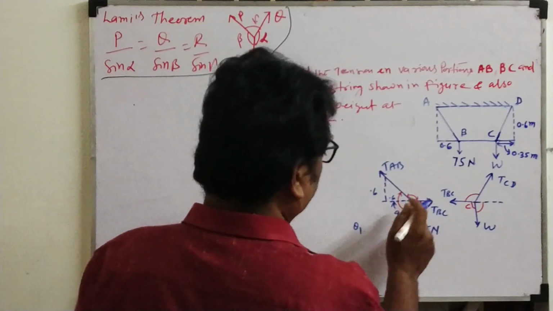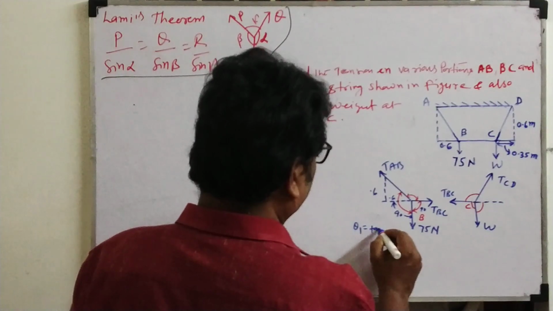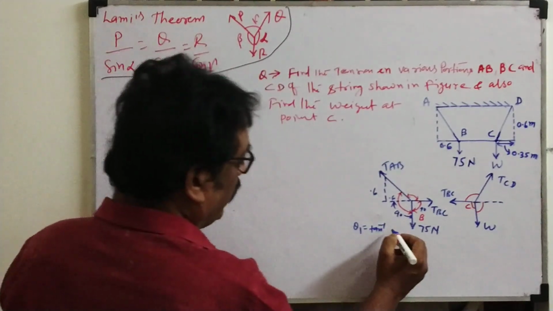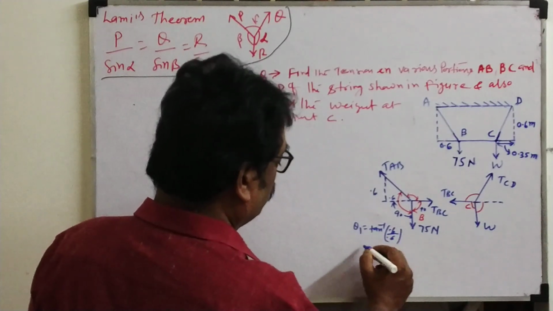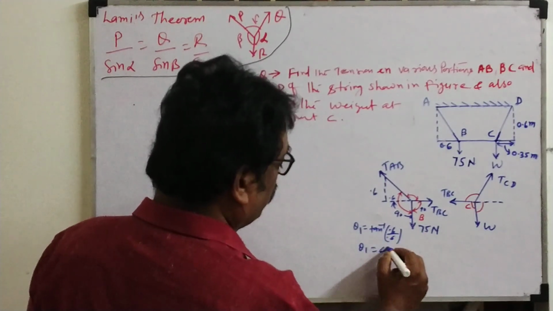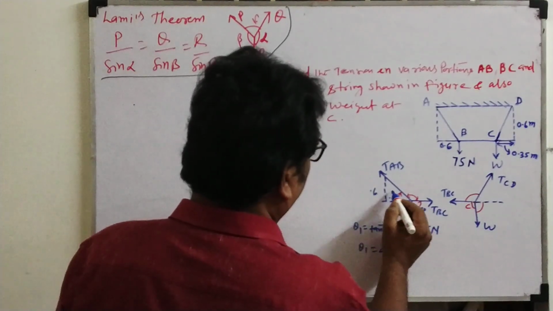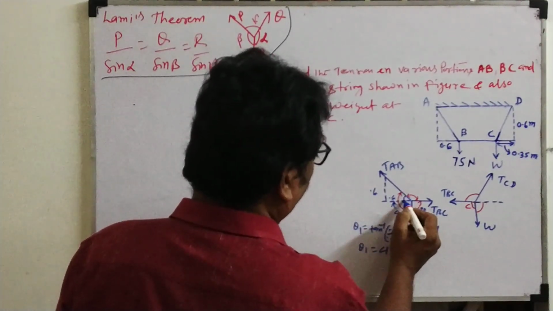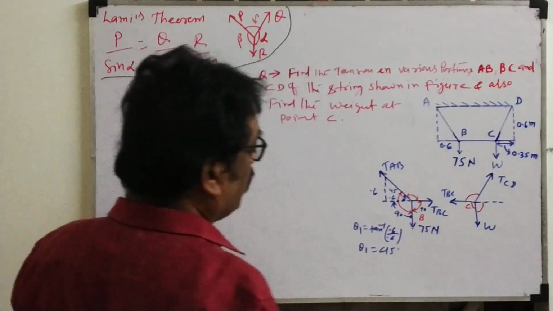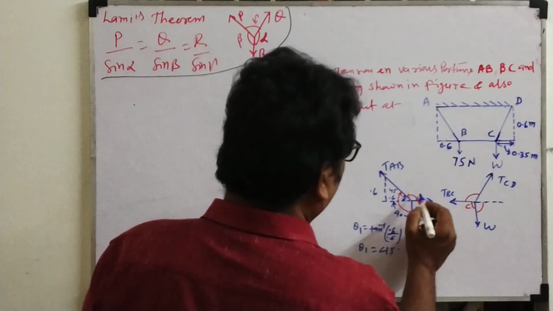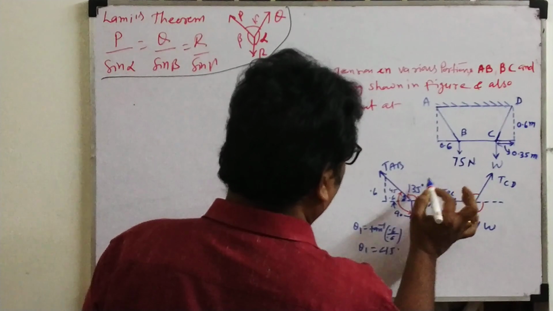So theta 1 equals tan inverse of 0.6 by 0.6. So tan inverse 1 is 45 degree. So now we know this angle is 45. So this angle will be 180 minus 45, 135 degree.